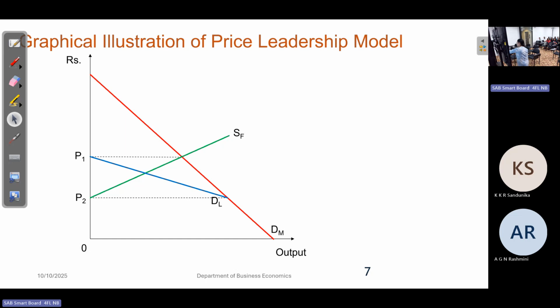However, if we take P2, what is the supply by the followers? Zero. The followers do not supply any amount, right? So their supply is 0.